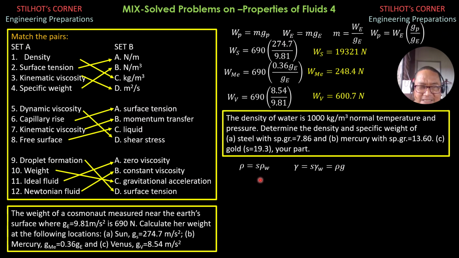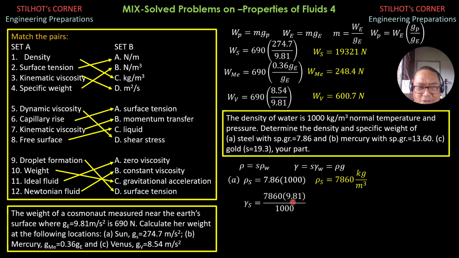So for the density of steel, 7.86 times 1,000 is 7,860 kilograms per cubic meter. For its specific weight, it is equal to 7.86 times 9.81. Using g over 1,000, we use this formula: 7,860 kilograms per cubic meter times 9.81 meters per second square.